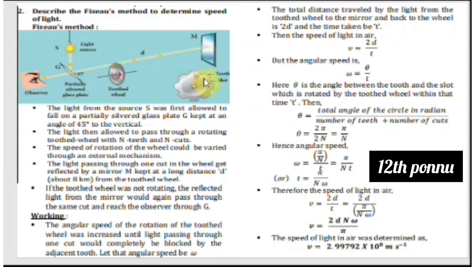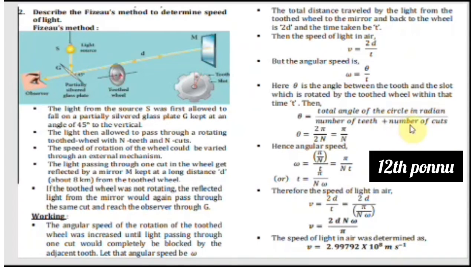For one complete circle the angle is 2 pi or 360 degrees. Divide this by the number of teeth plus the number of cuts. Number of teeth is capital N, number of cuts also capital N. So N plus N is 2N. Theta is equal to 2 pi by 2N. The 2s cancel, so theta is pi by N.